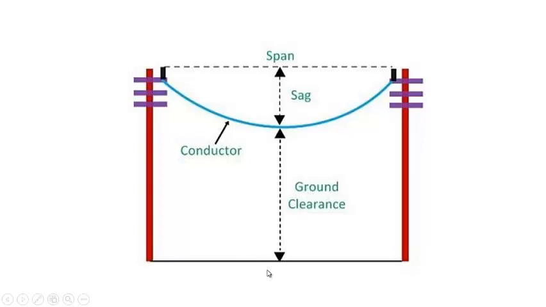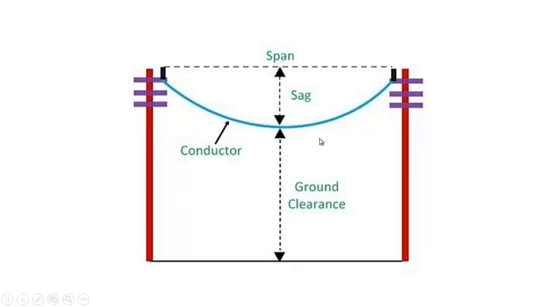So it is because of this ground clearance that we need to design the transmission line in such a way that this minimum point should be at a height which is greater than the specified ground clearance, because we know that because of the certain voltage of the conductor it should be above the ground level by a certain height, and when it is above the ground by a certain height, it will be safe.